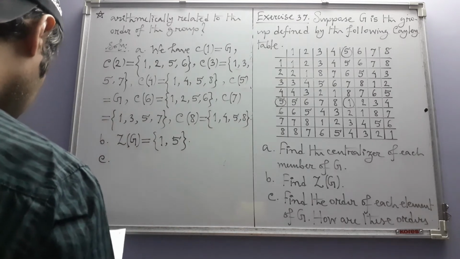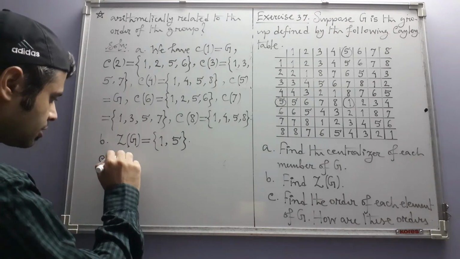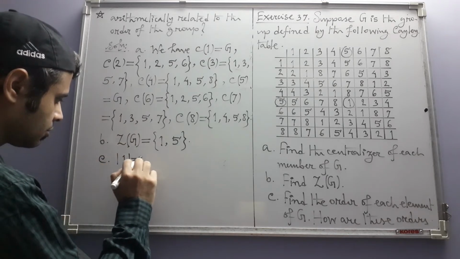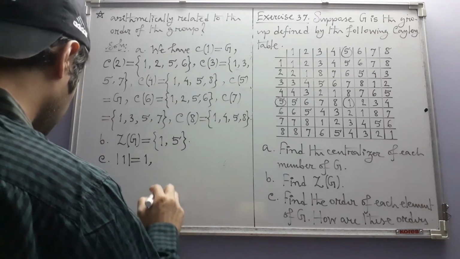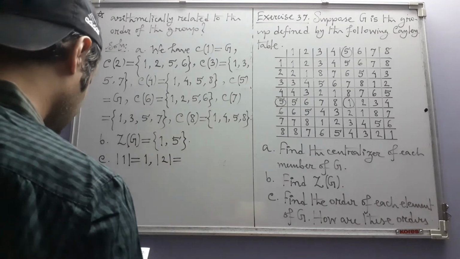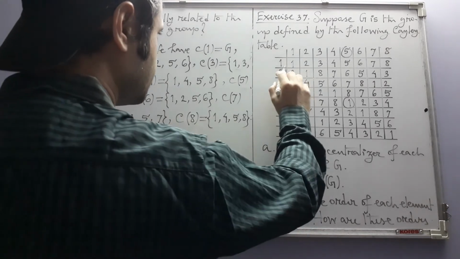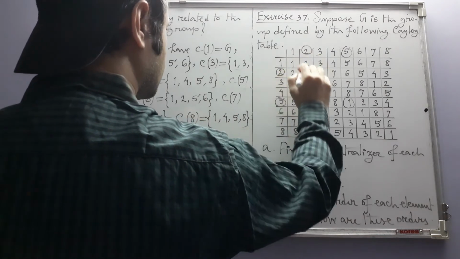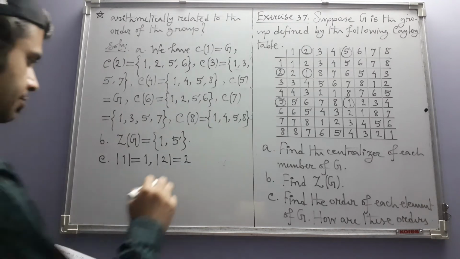And then in part C you have to find the orders of these elements. So the order of the identity is always 1. Then the order of 2 is equal to 2 because 2 squared is the identity and 2 itself is not equal to the identity.